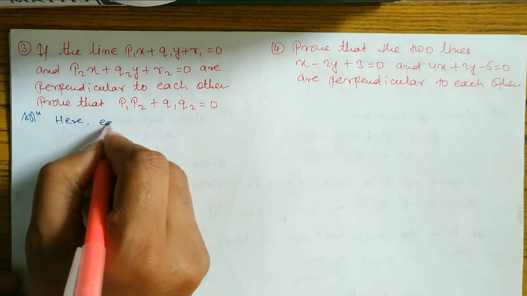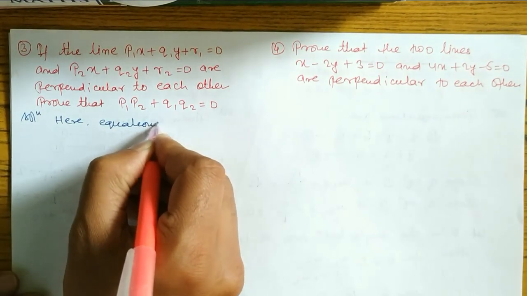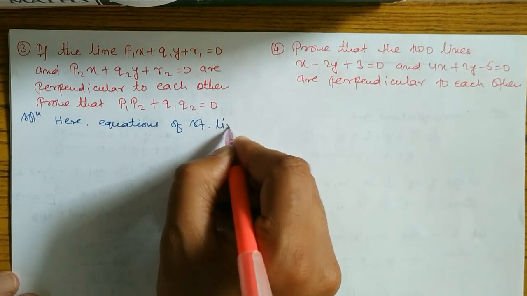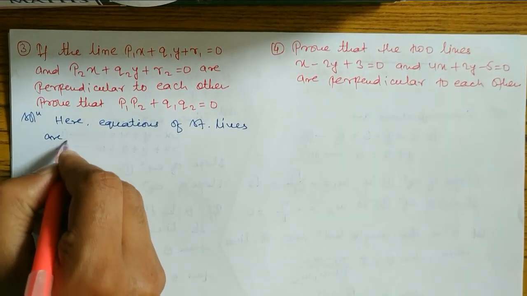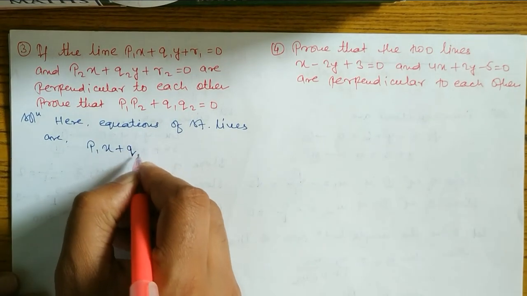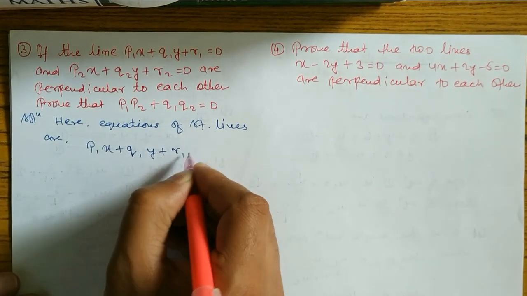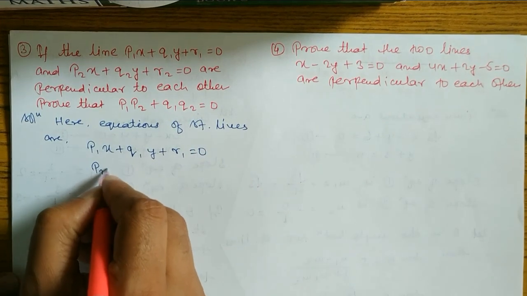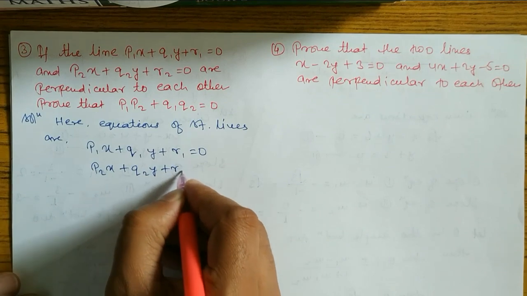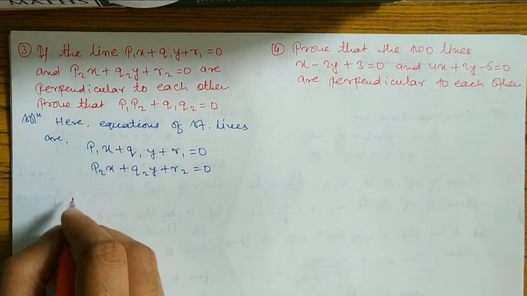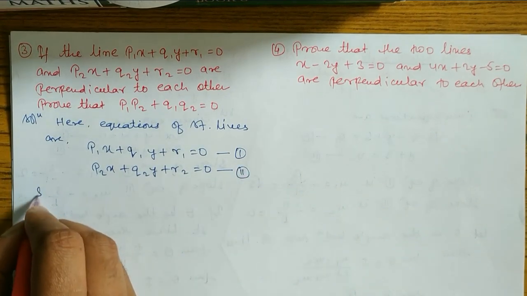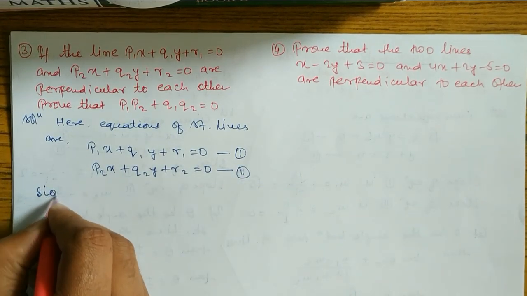Here equations of straight lines, two lines are given here: P1x plus Q1y plus R1 is equal to 0, P2x plus Q2y plus R2 is equal to 0. Let this be equation 1 and this one equation 2. Now same, we have to find out slope.